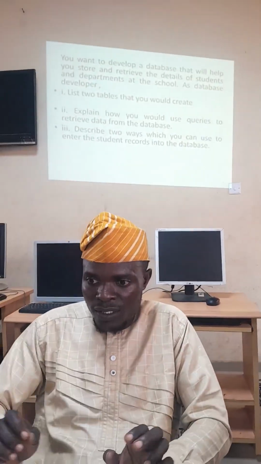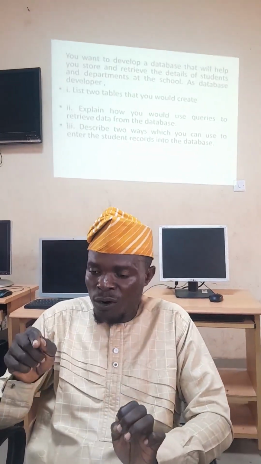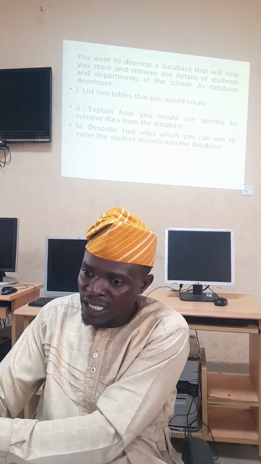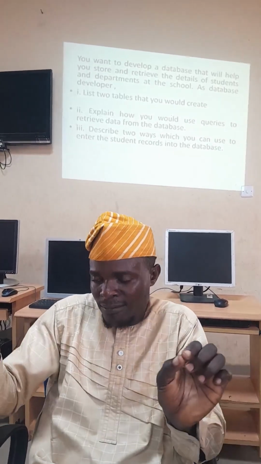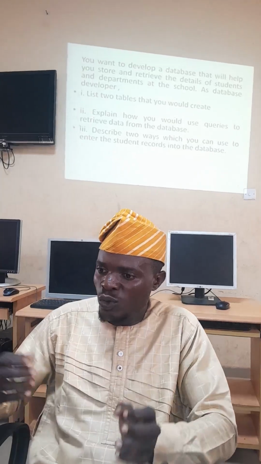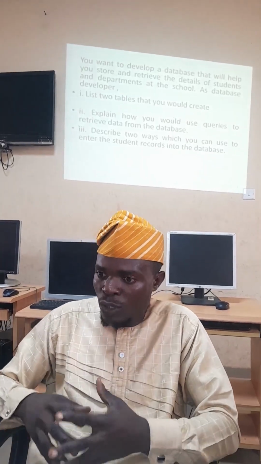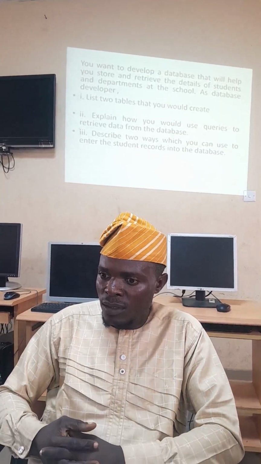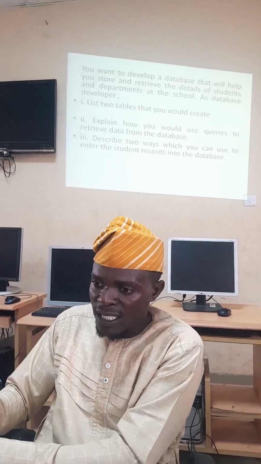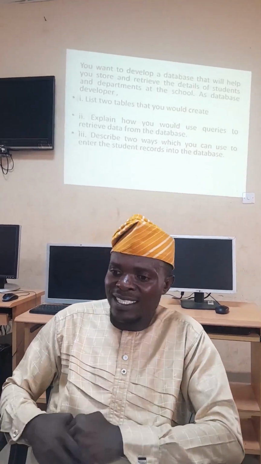So that's the structure. SELECT in capital, block form. To use this example, I want to select state of origin FROM, also in capital block form, the student table, the name of the table. If student table is the name I used to save my table, I will say: select state of origin from student table.